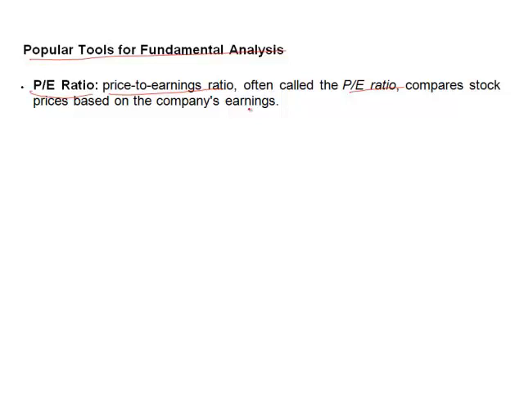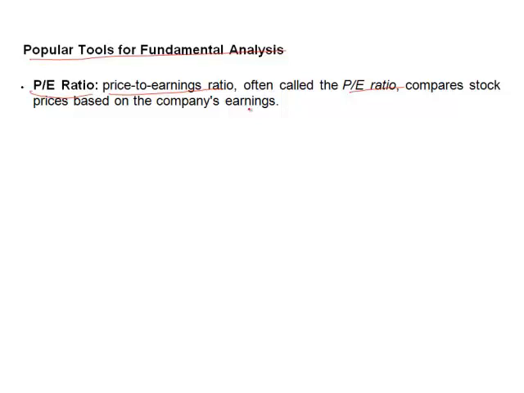As the name implies, this ratio divides the stock price by the company's earnings per share, and you compare this ratio with other stocks in a similar industry to get an idea of where a company's stock price should be in relation to its peers, that is, its colleagues in the industry. That is the price earnings ratio.